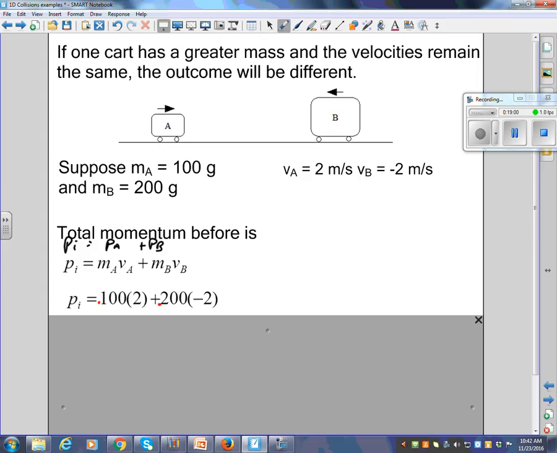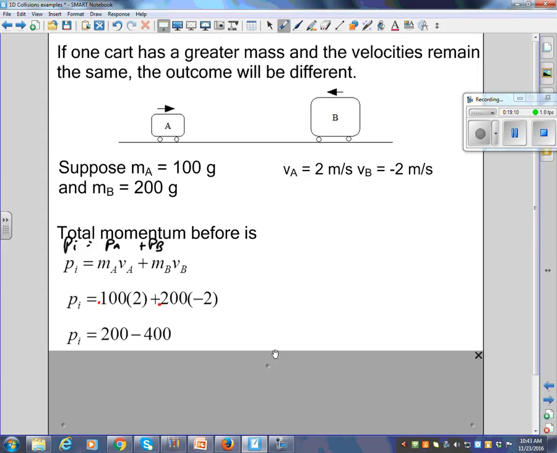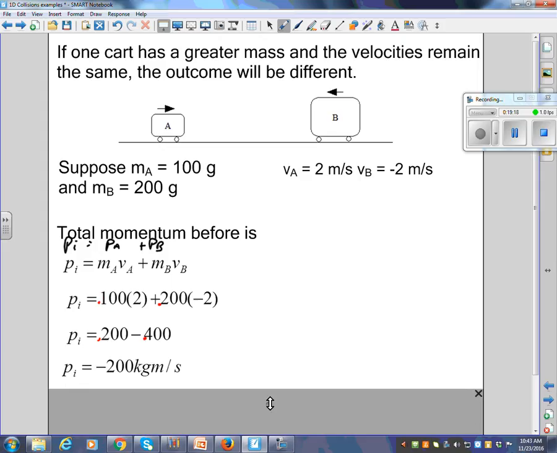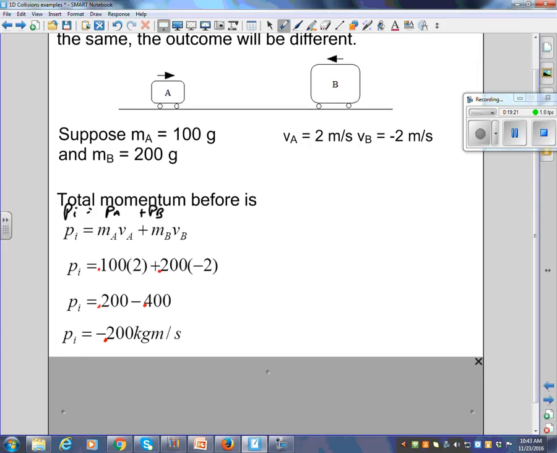I've thrown easy numbers in there that you could hopefully multiply in your head. 0.1 times 2 is 0.2 and 0.2 times minus 2 is negative 0.4, which should give you negative 0.2 kilogram meters per second, right?